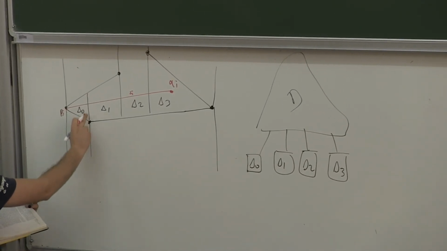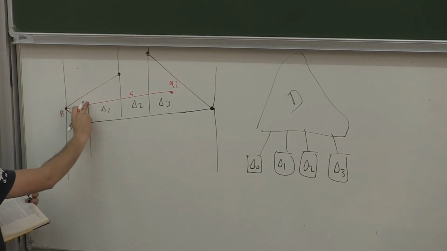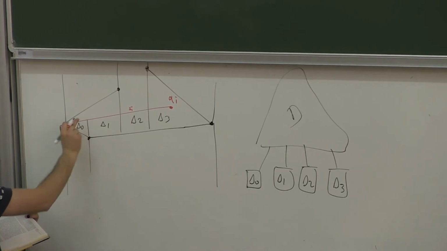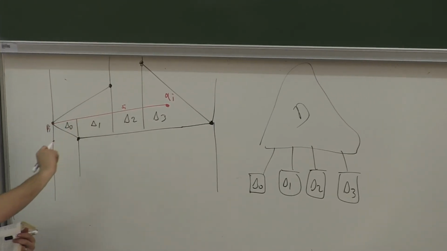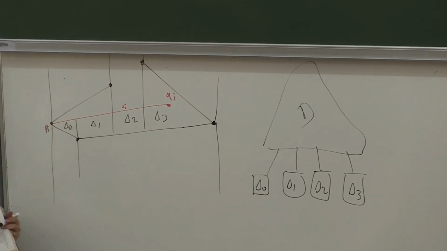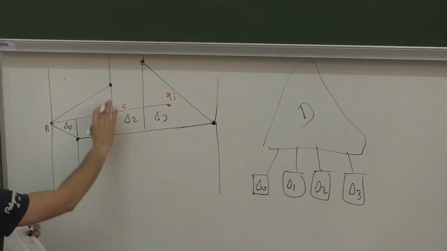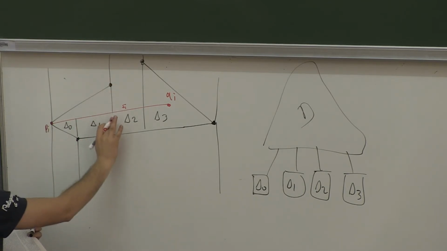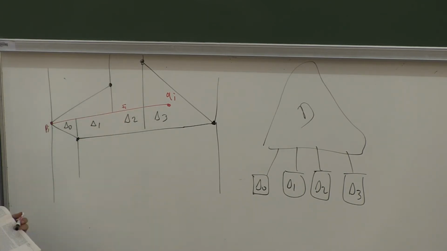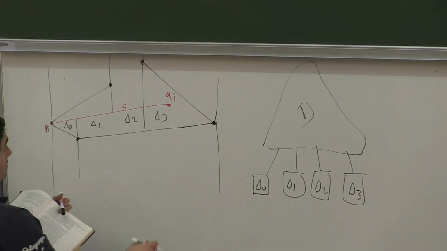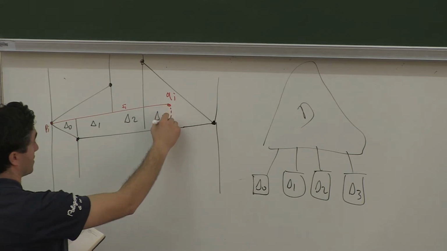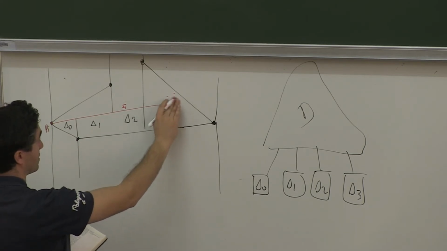The previous extension of this point, for example, now is going to end here, because it's going to be intersecting segment SI. Also the lower extension of this point is going to end here since it's intersecting with SI. And I'm going to have the new extensions here.